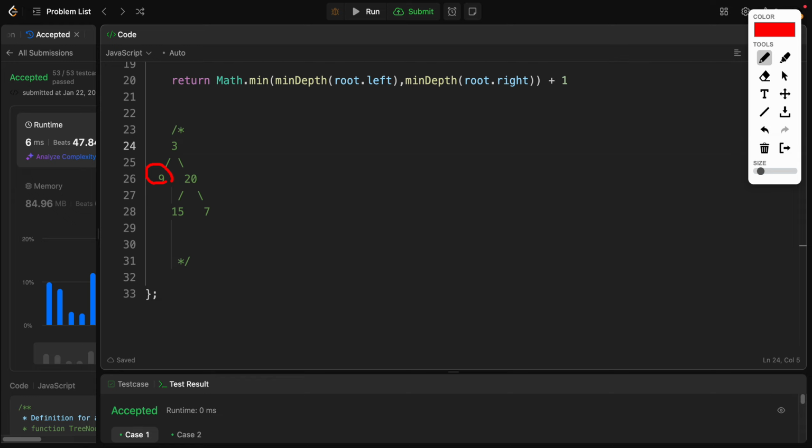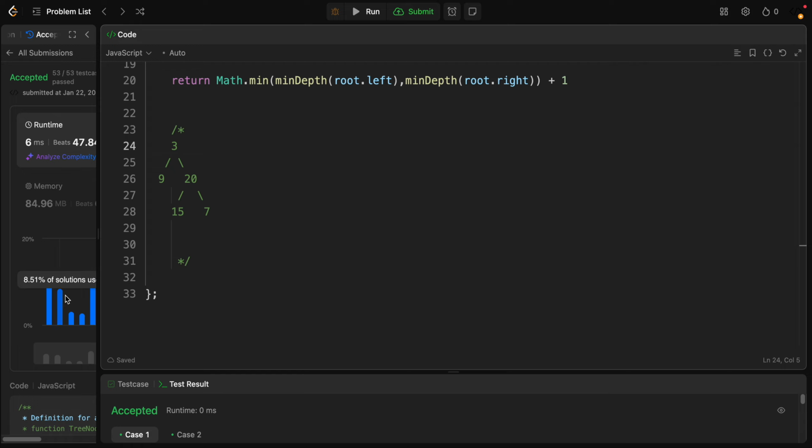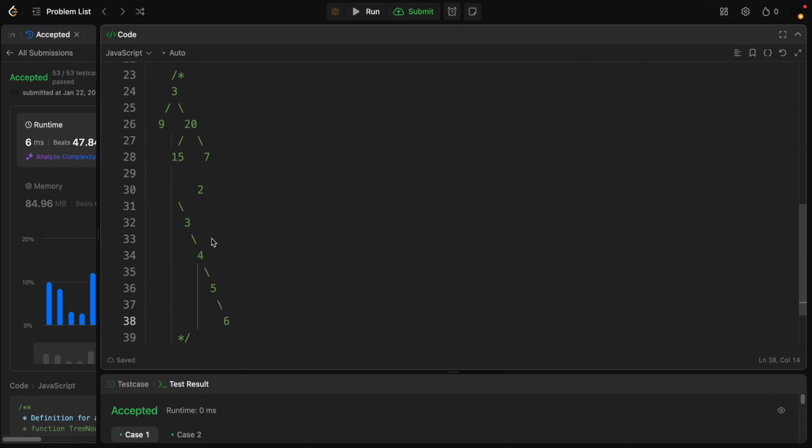We can take another tree as an example as well. Here the min depth of the left is 0 because there is no left subtree, and the min depth of the other side is 4 if we add the current node.